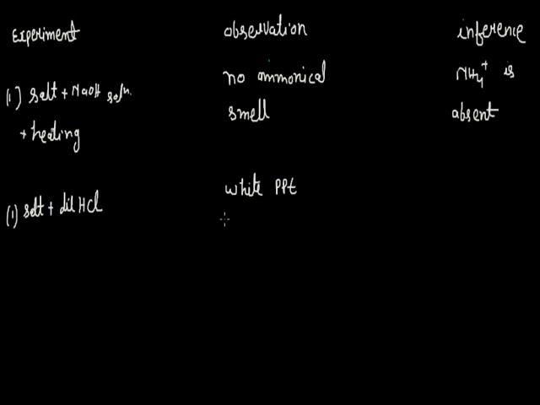If a white PPT comes out, it indicates that this salt contains the first group, and as we know, the radicals in the first group are lead, Pb plus 2, mercurous Hg2 plus 2, and Ag plus maybe.